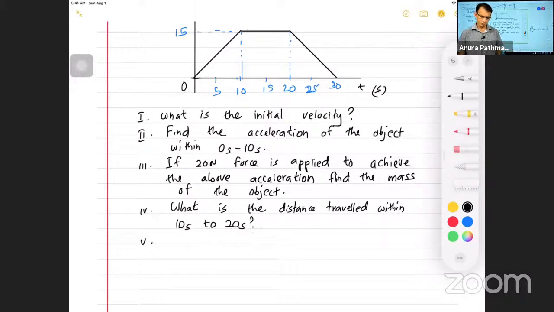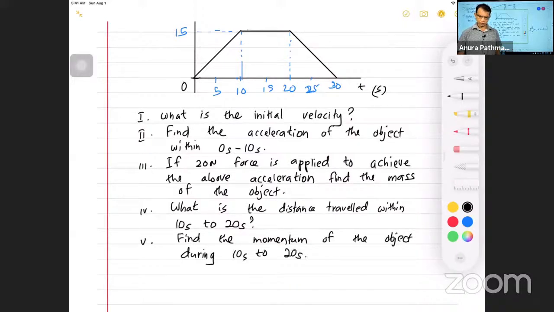Fifth: find the momentum of the object during 10 seconds to 20 seconds.